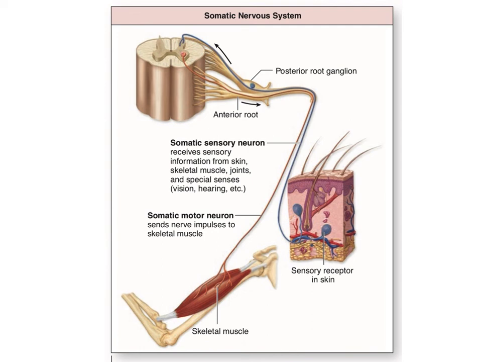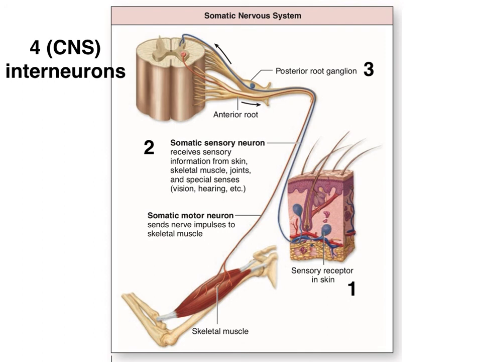So we would go from the sensory receptor, located at number 1, and the sensory receptor is part of the somatic sensory neuron, number 2. The neuron's cell body exists in number 3, the posterior root ganglion, which would then reach the spinal cord and brain to find interneurons to integrate this information.